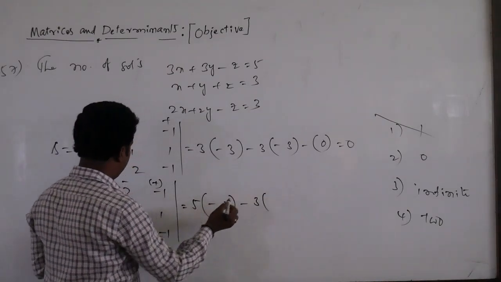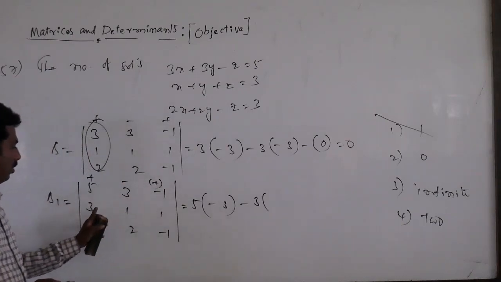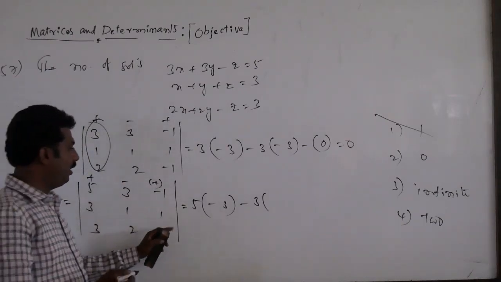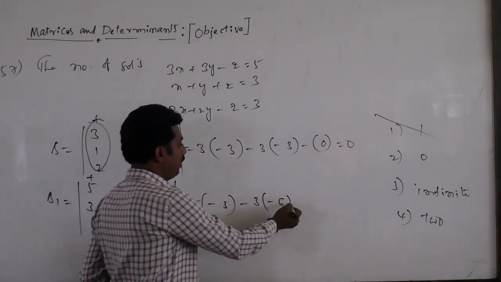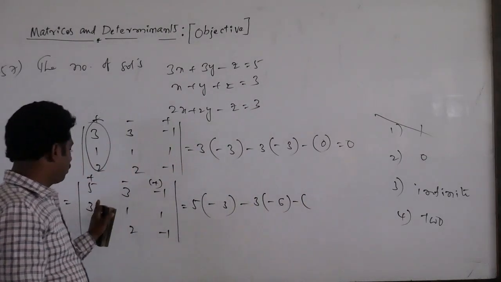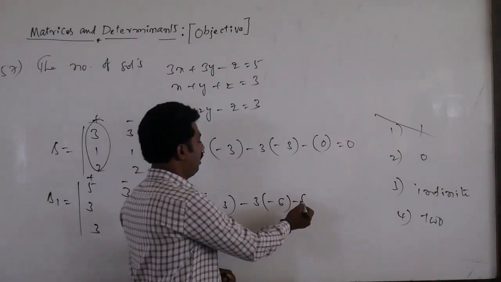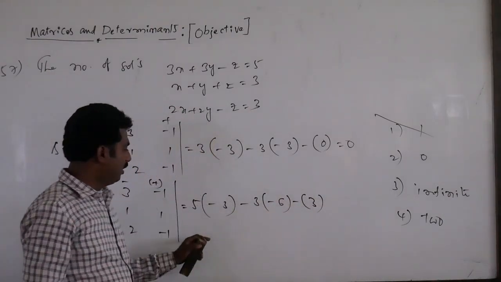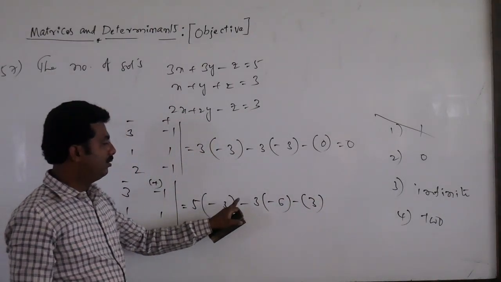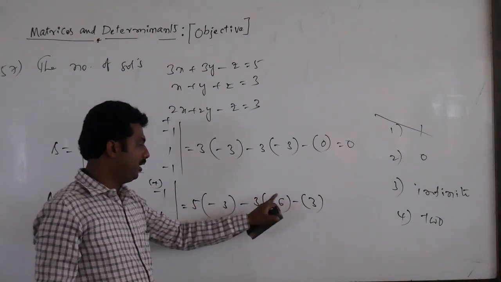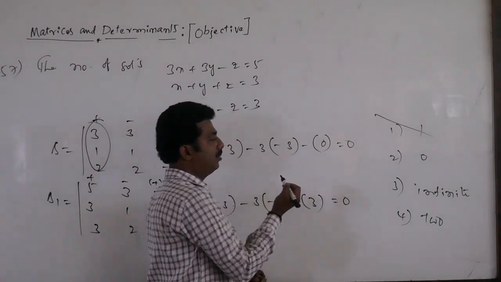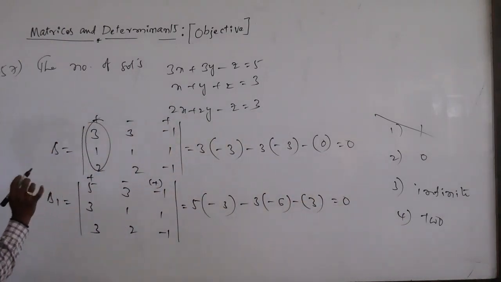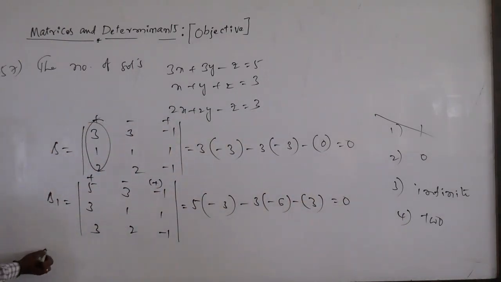Minus 3 into, closing this column and this row, minus 3, minus 3, minus 6. Minus 1 into 6 minus 3, which is 3. So finally this is minus 15 plus 18 minus 3, minus 18 plus 18, it will also be 0. So delta 1 is also 0.